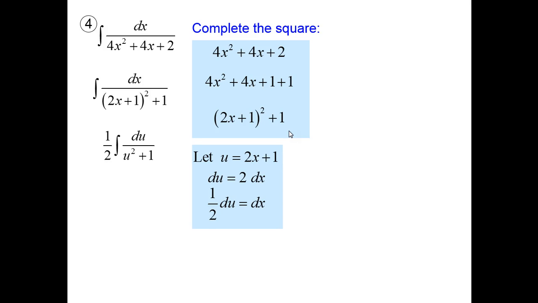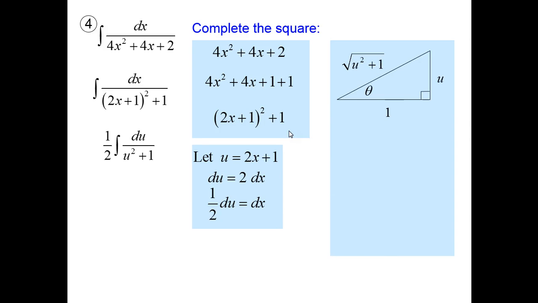Now, this doesn't look exactly like some of the ones we've been working with, but we can still use the triangle with the u squared plus 1 under the radical in the hypotenuse. Take a look. Tan theta is opposite over adjacent, or u over 1.